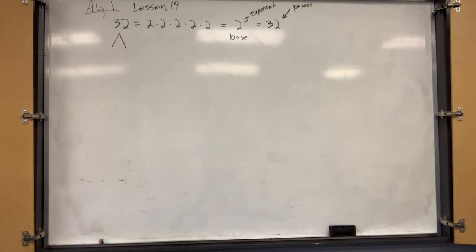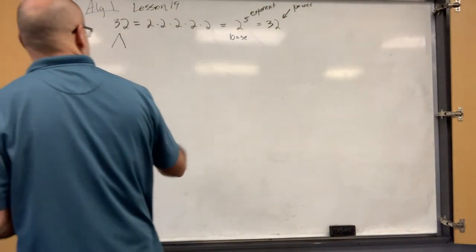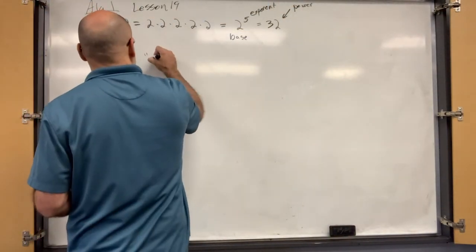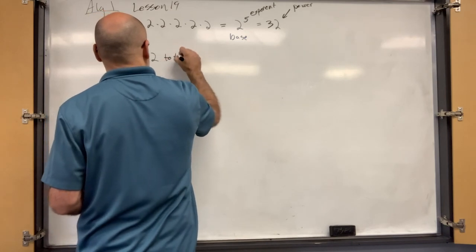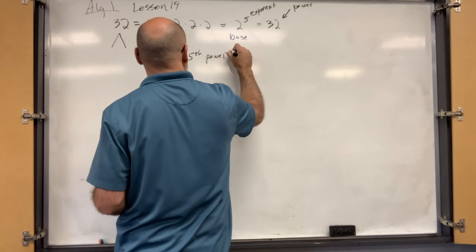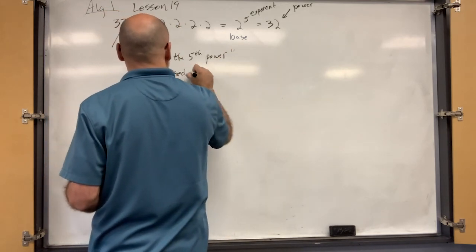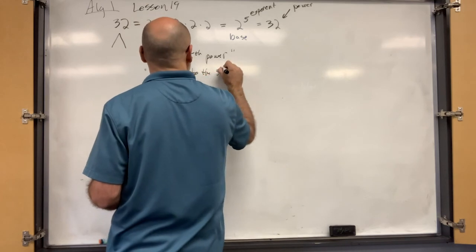All right, so this is review. You guys know this stuff. So we would say this is 2 to the 5th power. There's lots of different ways to say this. 2 raised to the 5th power.